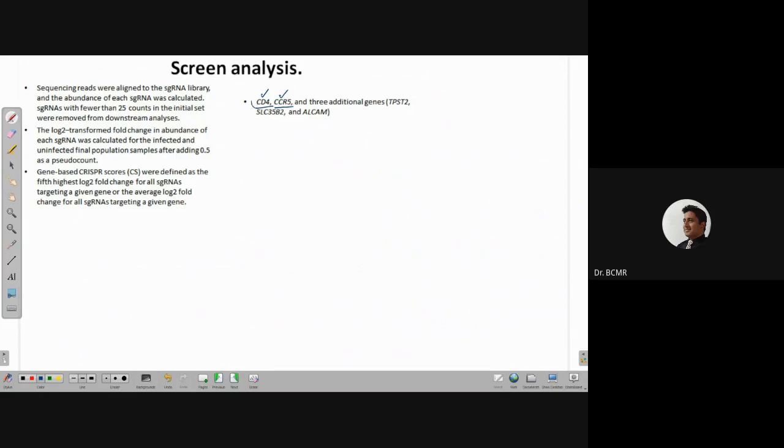We already know these two from the background we discussed. CD4 and CCR5 are essential through which HIV causes infection. There are 3 additional genes that this screen has found: TPST2, SLC35B2, and ALCAM.